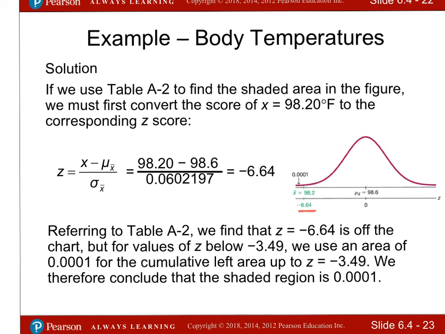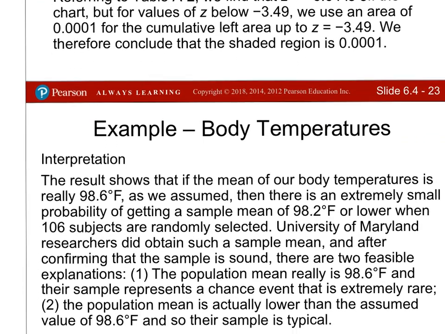We're going to get 0 plus, or 0.0001 is what they're calling it. All right. So the probability of getting 98.2 or less is that much. That's why we found that area, because now we can assign a probability to getting 98.2 or less. Okay?